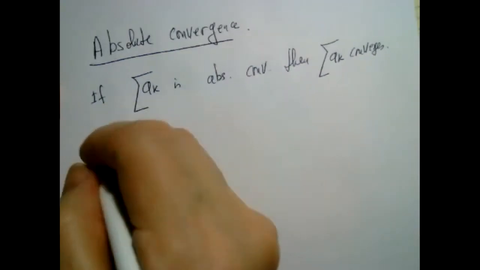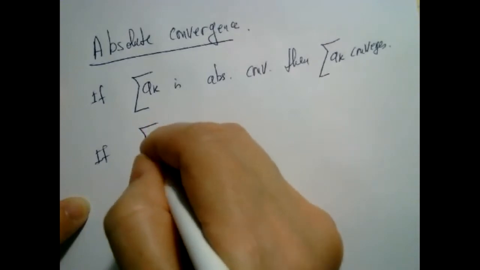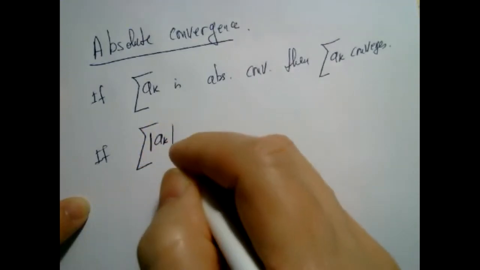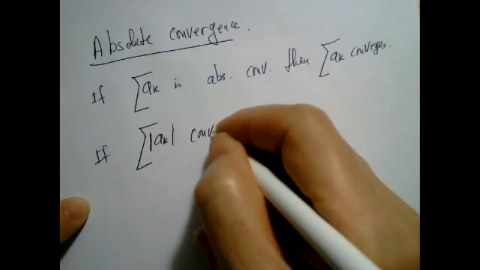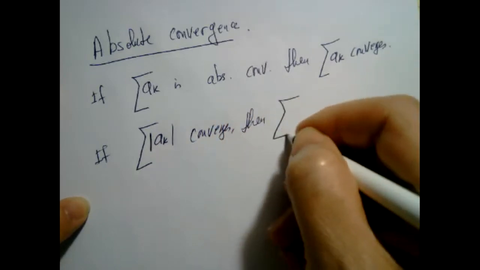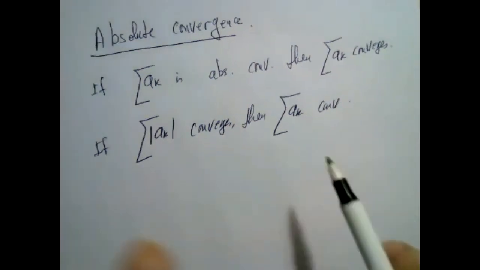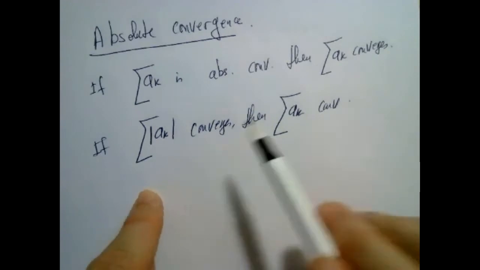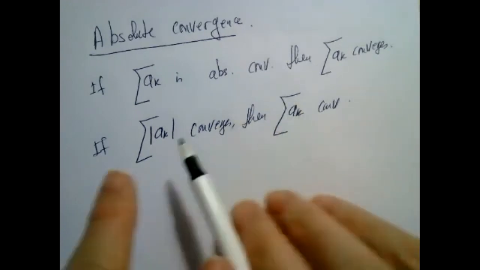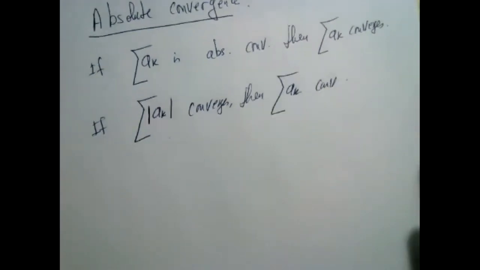It means if I plug in the absolute value of a_k, and the sum of |a_k| converges, then without the absolute value it will also converge. However, the converse is not correct. If a series converges, it doesn't mean it converges in absolute value. And this is where we introduce the idea of conditional convergence.